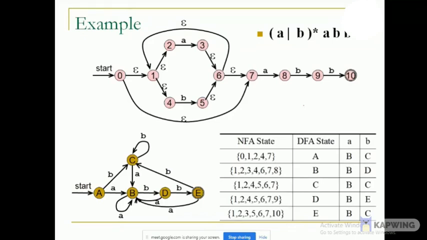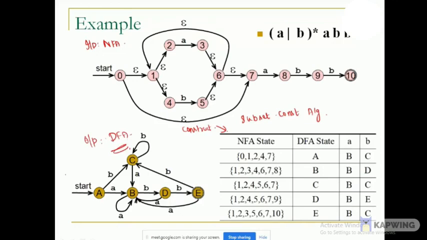So this is the output of the subset construction algorithm. Any doubts? You have to draw your DFA transition table like this, and from this is the input NFA, which is an NFA, and construct this transition table based on the subset construction algorithm, and the output is the DFA.